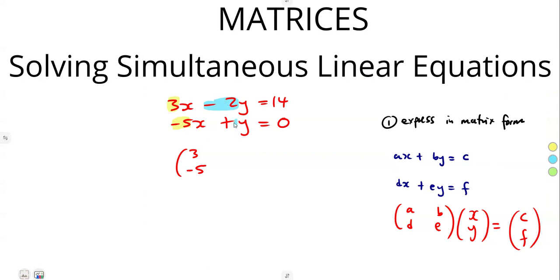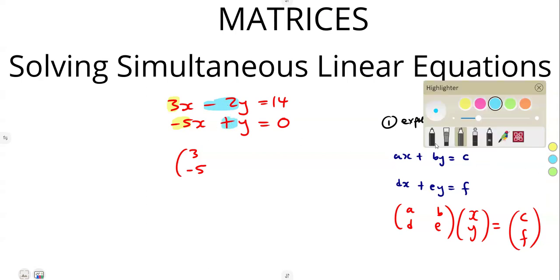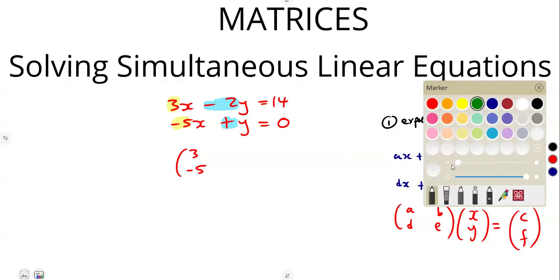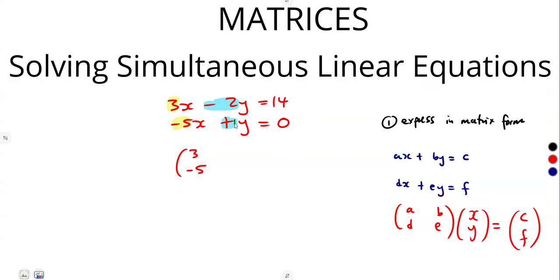Here it is positive. If the number is not shown, it simply means there is a 1. So you consider the number and the sign: minus 2, and a positive 1, just write 1 as it is.